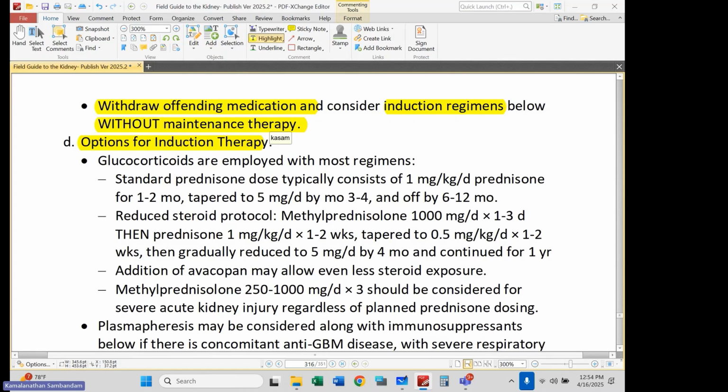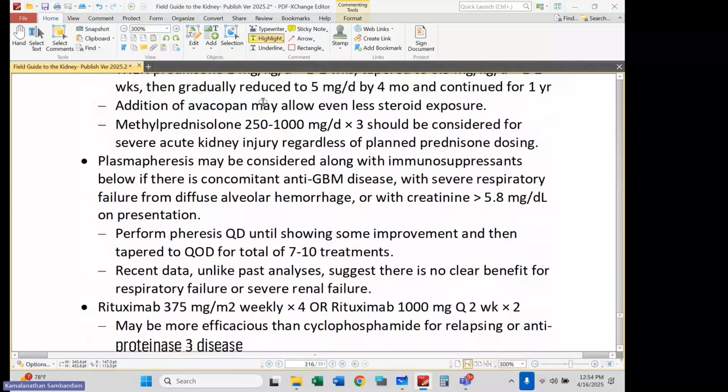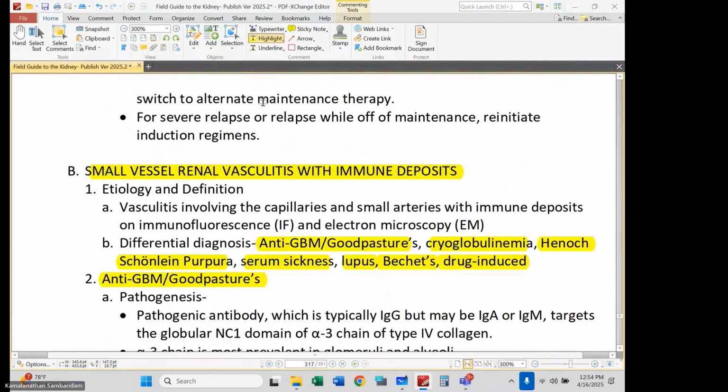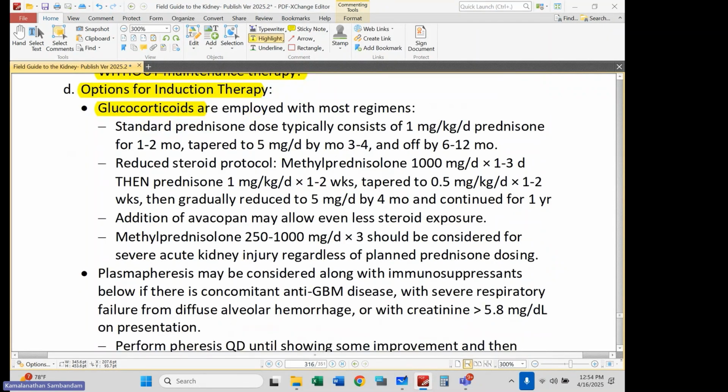So what are these induction regimens that you have? We should be able to get through that. Maybe a little maintenance as well. Glucocorticoids are employed with pretty much all of your induction regimens.